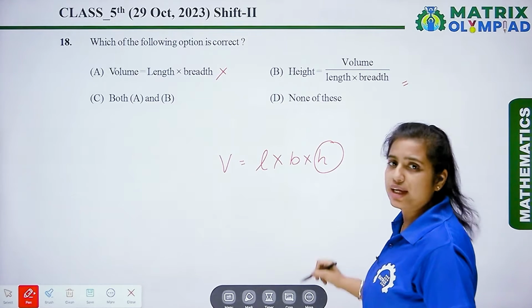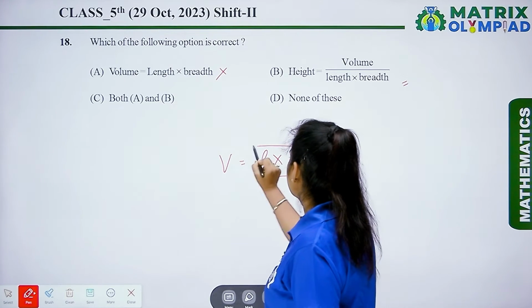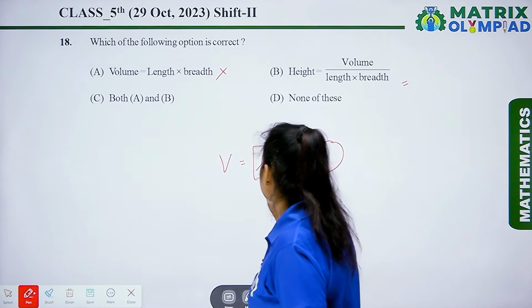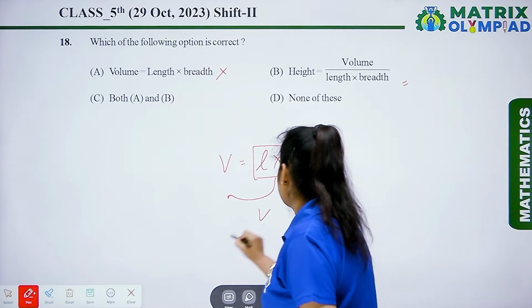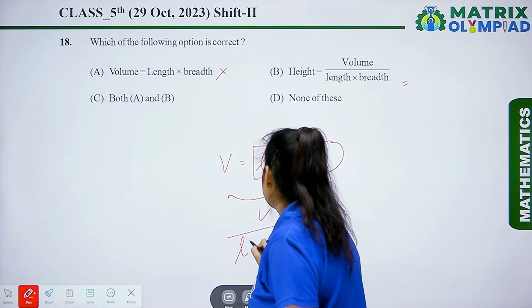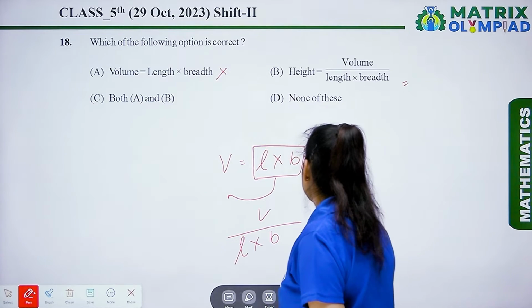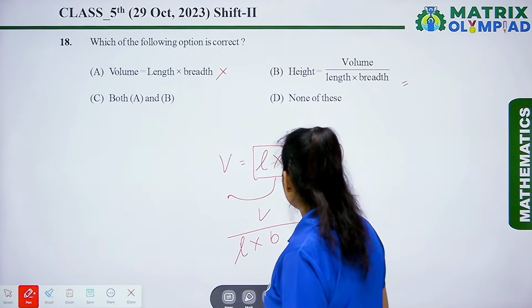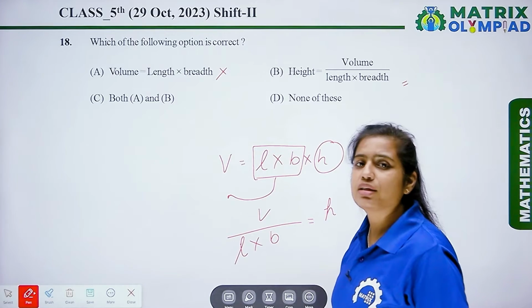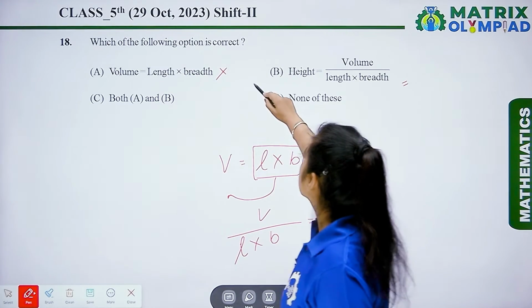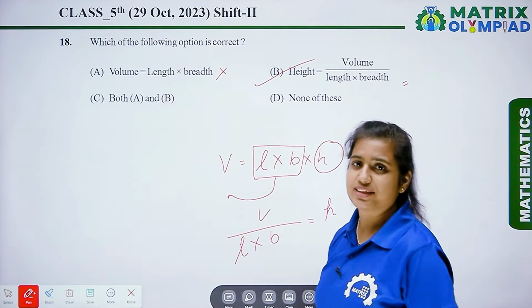And to find out height, we are transposing length and breadth to the left hand side, and that will be in the division part. So to find out the height, we use the formula volume upon length multiplied by breadth. So option B is the correct answer.